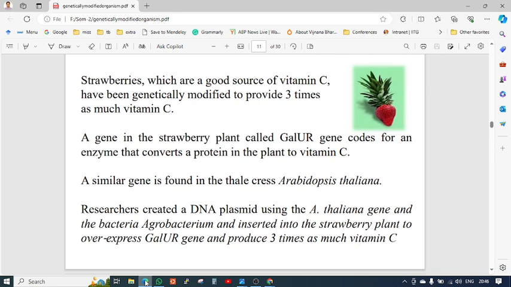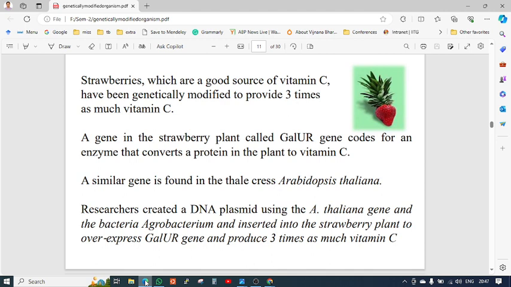The gene in the strawberry plant called GalUR codes for an enzyme that converts a precursor into plant vitamin C. A similar gene is found in Arabidopsis thaliana. Researchers created a DNA plasmid using the thaliana gene and the bacterium Agrobacterium, and inserted it into the strawberry plant, which overexpresses the GalUR gene and produces three times as much vitamin C. This is how strawberry can be modified, but you do not need to remember all the things.